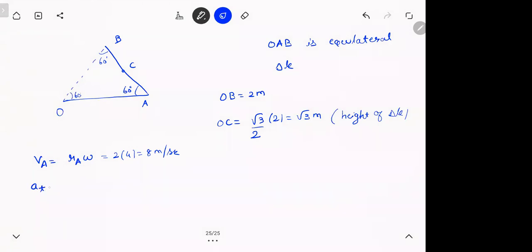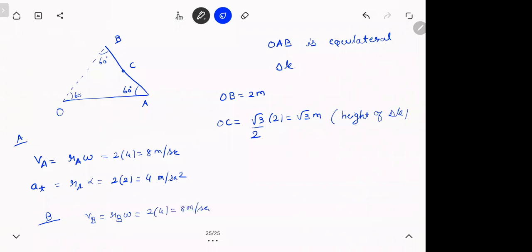What is the tangential acceleration of A? RA into alpha. RA is again 2, alpha is 2, so 4 meter per second square. For B, the distance is the same again. So VB will be RB into omega. RB is again 2 and 4.